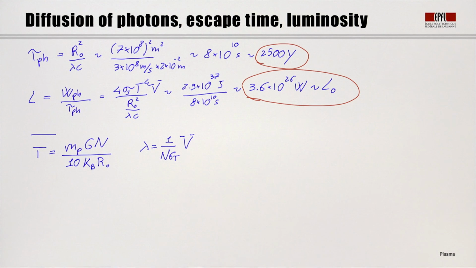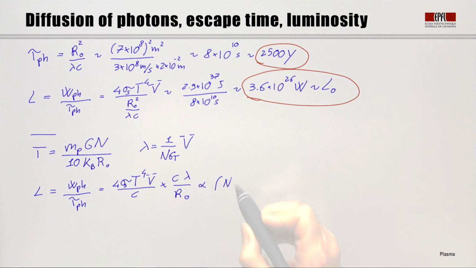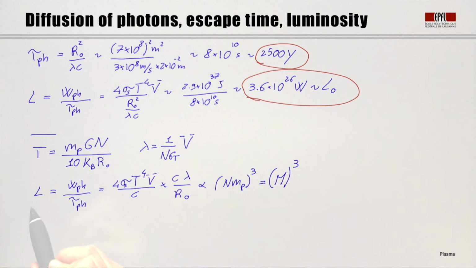Using the expression for the mean free path for Thomson scattering, we can find a relation between the luminosity and the mass of the star. In doing this, we realize that the luminosity scales like the third power of the mass, and this is an extremely important result, since from basic principles we have recovered a scaling law which is experimentally observed for main sequence stars.